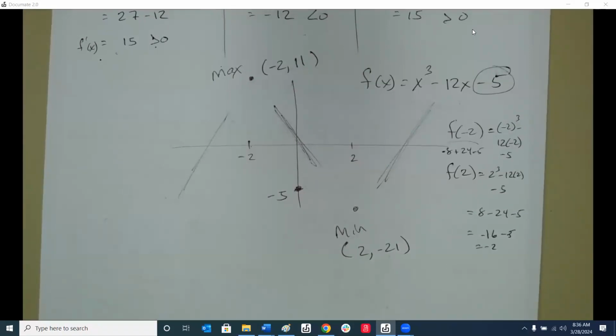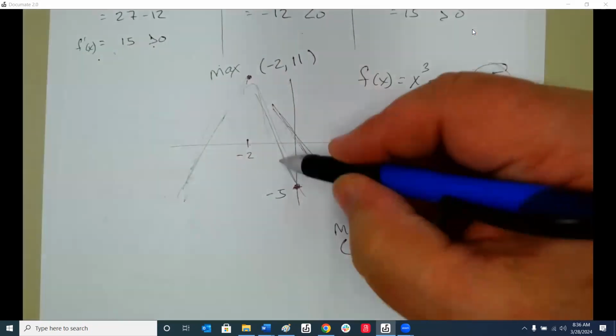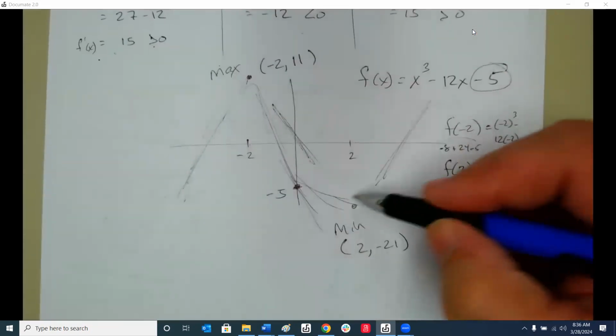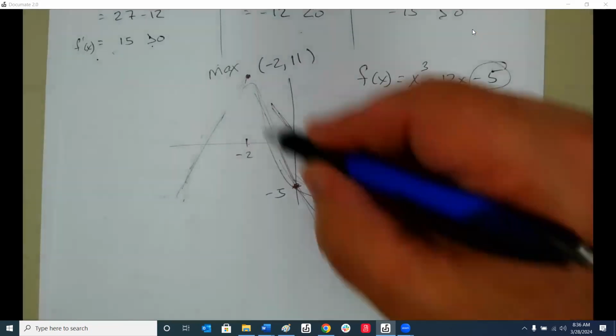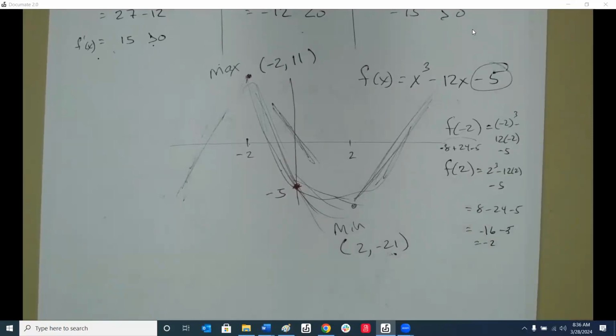So the only thing we have to do then is figure out the x-intercepts and plot a couple extra points. We know what the graph's going to look like. It looks something like this. Actually, negative 21 is further on down.